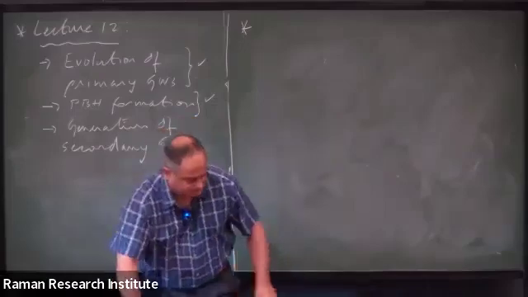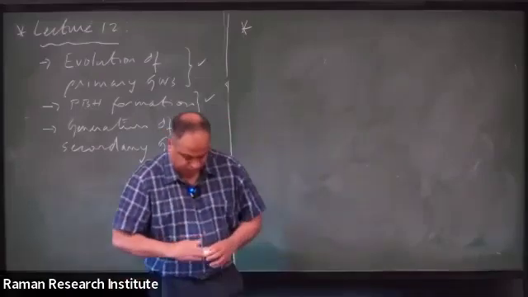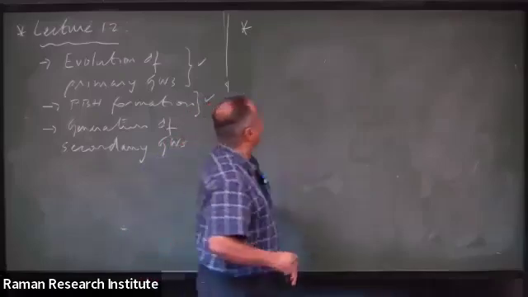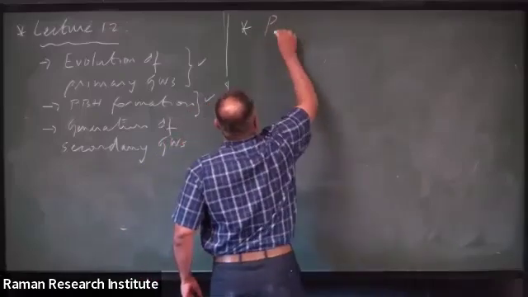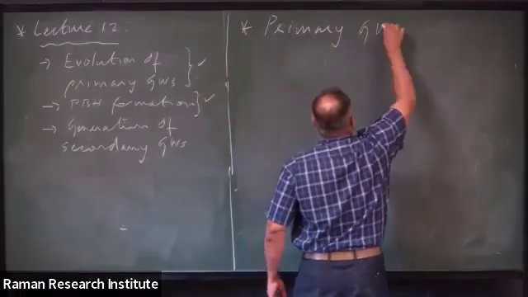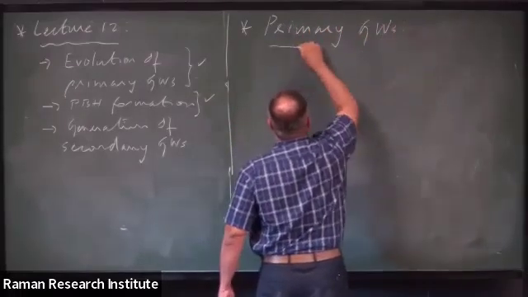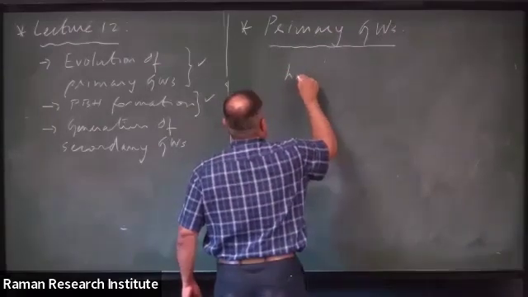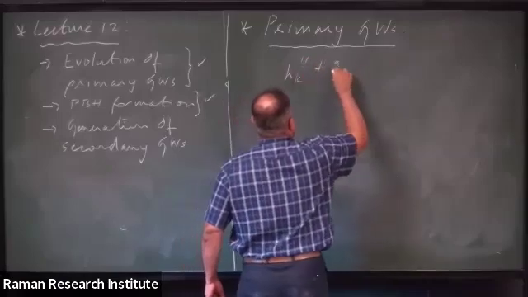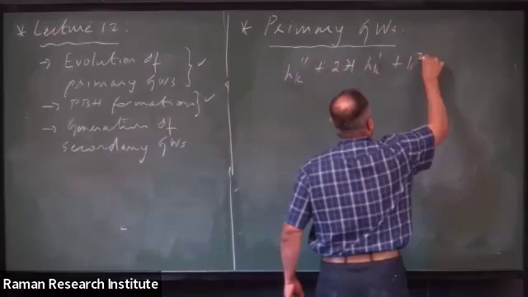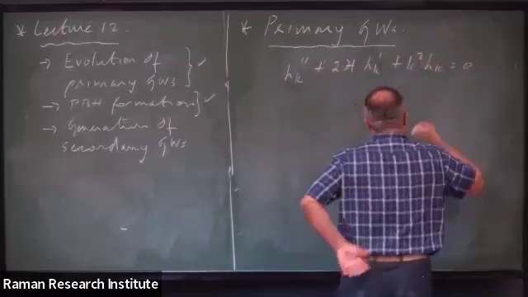So we know the equation of motion: h_k double prime plus 2 script H h_k prime plus k squared h_k.